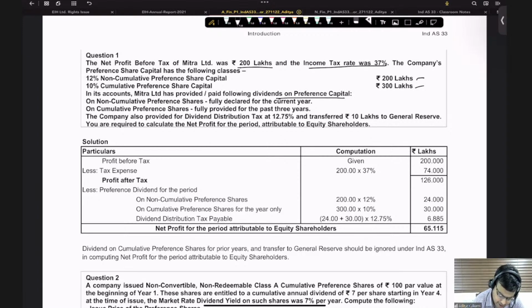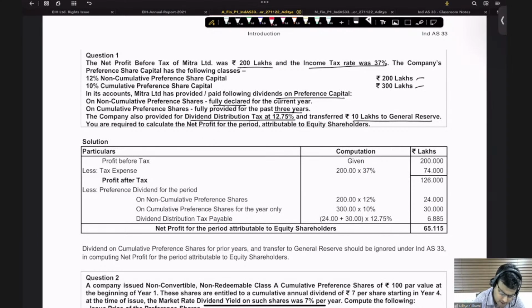On non-cumulative preference shares, fully declared for the current year. On cumulative preference shares, fully provided for the past 3 years. The company also provided for a dividend distribution tax at 12.75% and transferred 10 lakhs to general reserve. Compute the net profit for the period attributable to the equity shareholders.